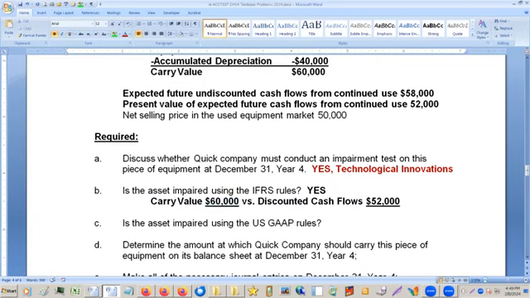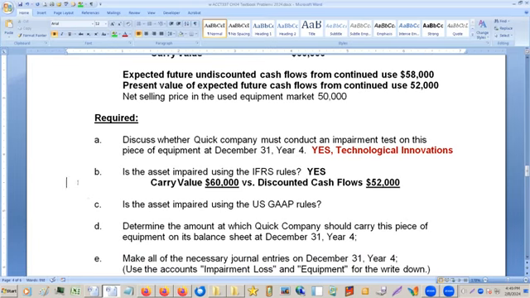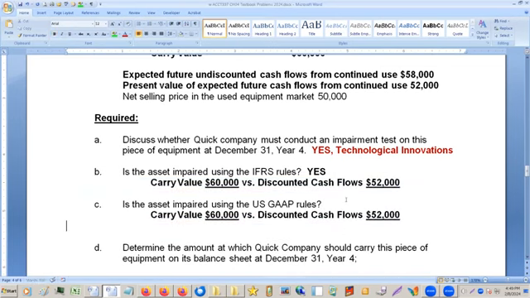Now, here's the wacky thing about the US standards. We use the undiscounted cash flows. Now, theoretically, this is not as good as the international standards. You should be using the discounted cash flows. I'm not sure if they do it just to make it easier to use or what. So the undiscounted cash flows will tell you if it's impaired.